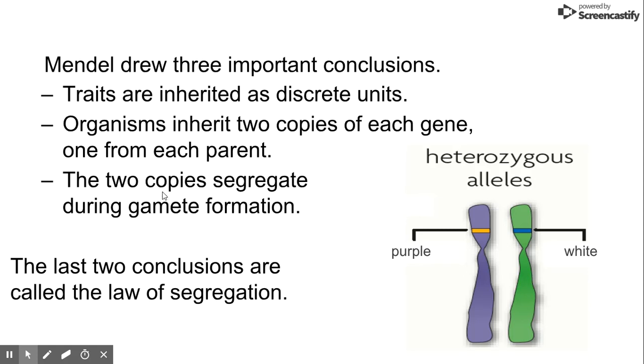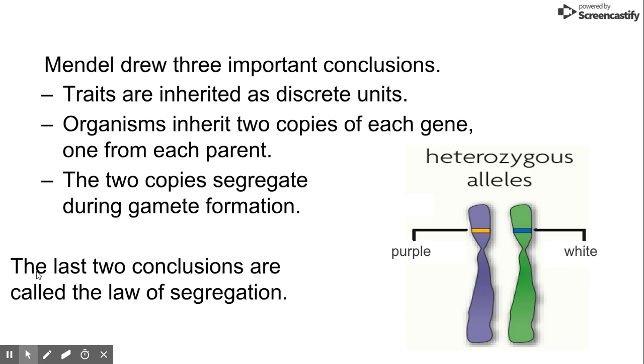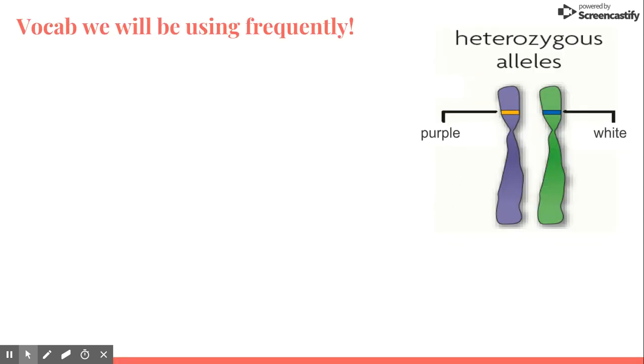And when we ourselves make gametes, we're going to separate those copies into separate gametes. That's what meiosis is all about, separating those chromosomes into different gametes to be passed on to our next generation of offspring. Just an important note here, those last 2 conclusions are called the law of segregation.